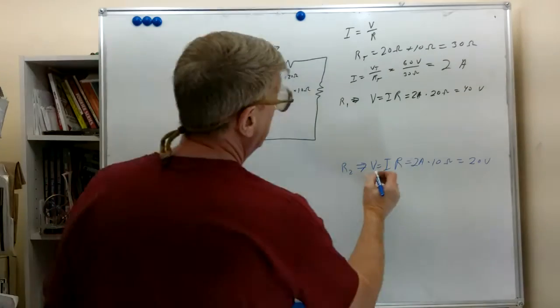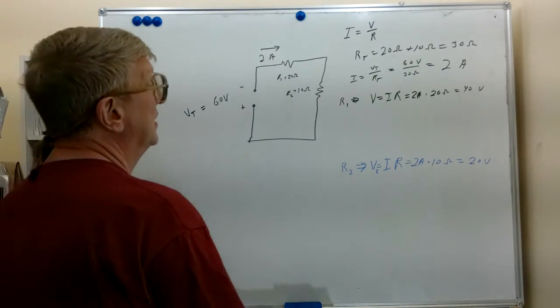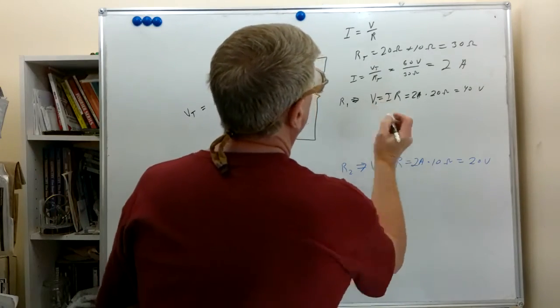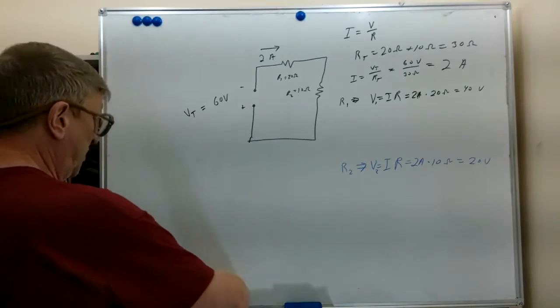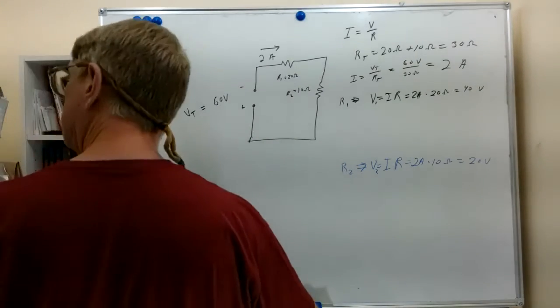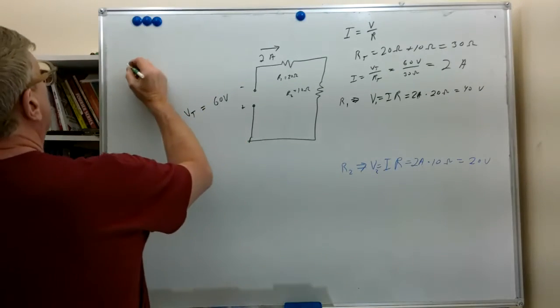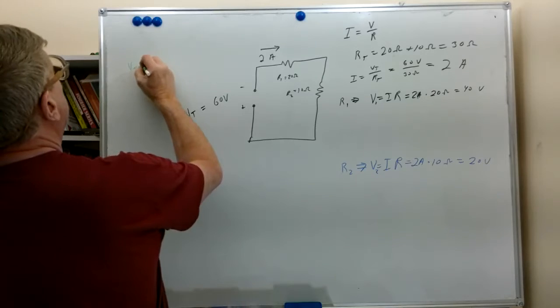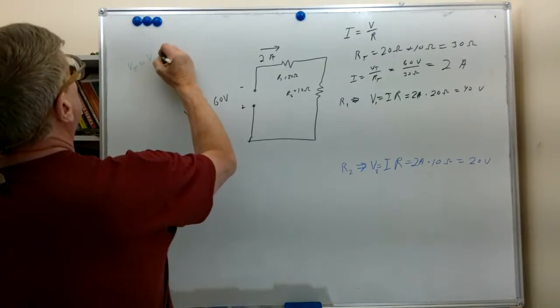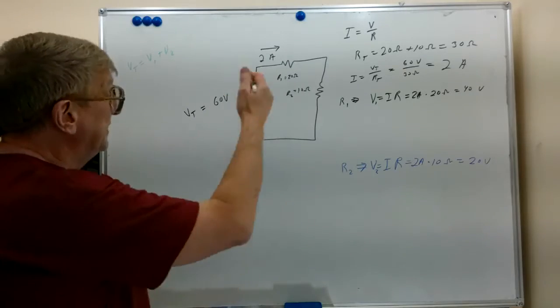Let's call this V2 and this V1, relating them to the component they appear across. Now you remember our voltage total equals V1 plus V2, and so on for every voltage you have in your loop.